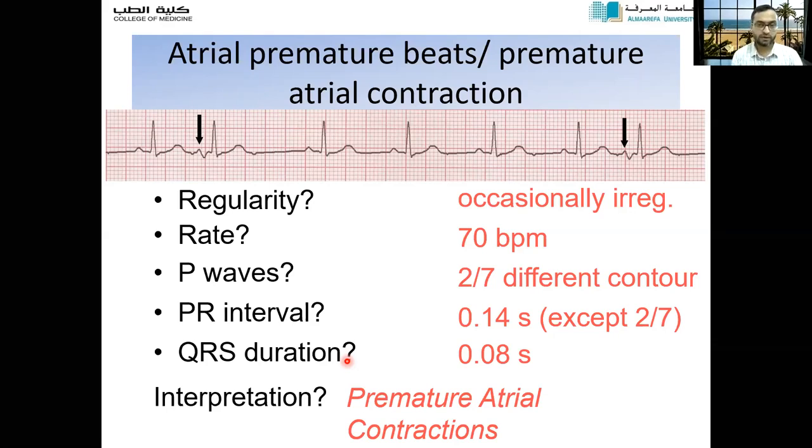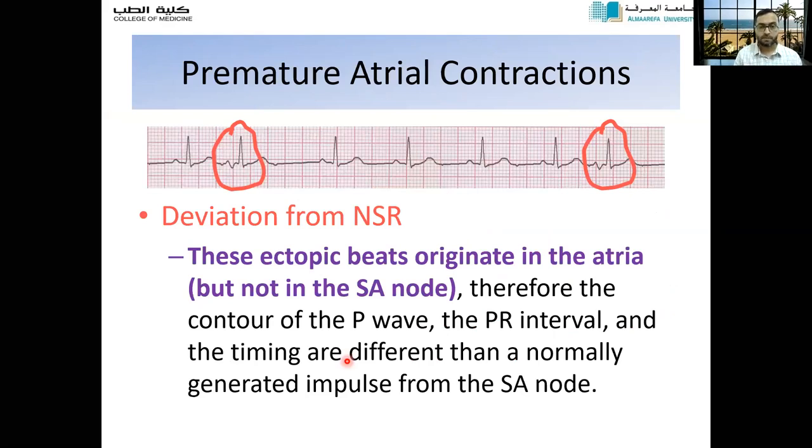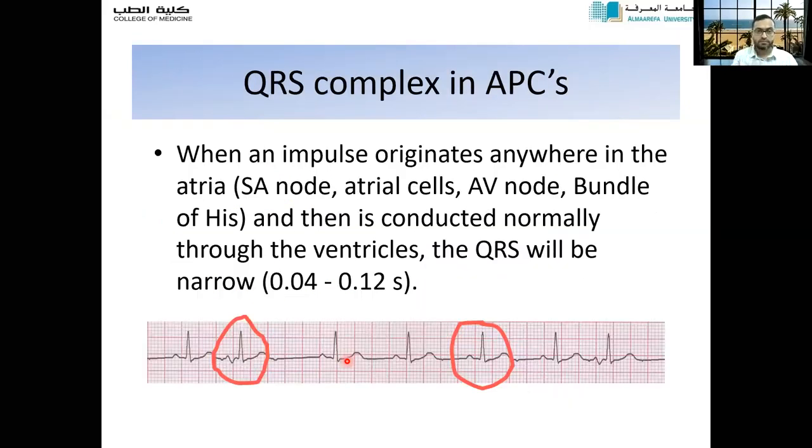So whenever you see APCs, they should be investigated. It may not be something to worry about, but it needs to be investigated. What is the reason for it? Premature atrial contractions can lead to some very serious arrhythmias.